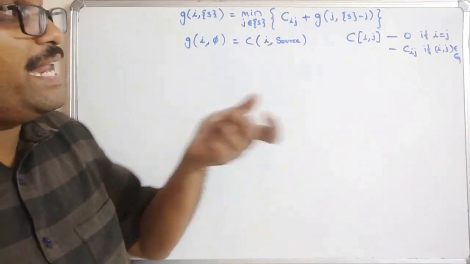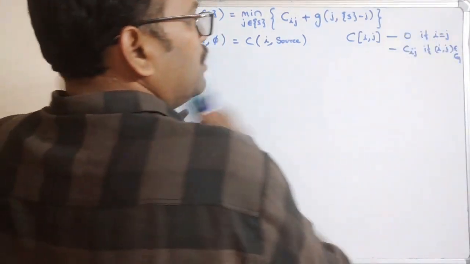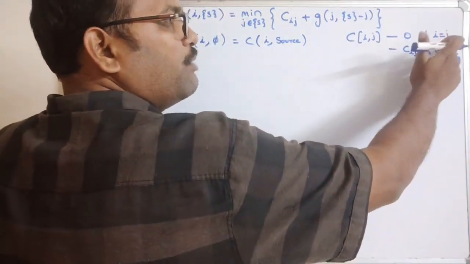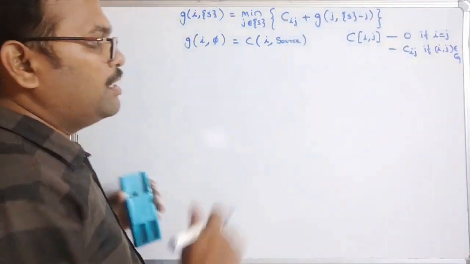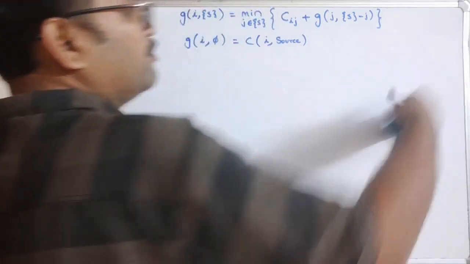That means if there is an edge between I and j. So just remember, if I and j both are equal, then the cost will be 0, right? Otherwise we can write down the direct cost.